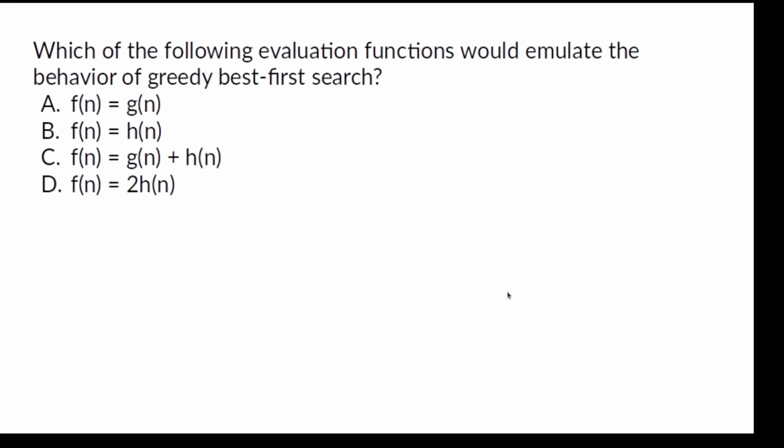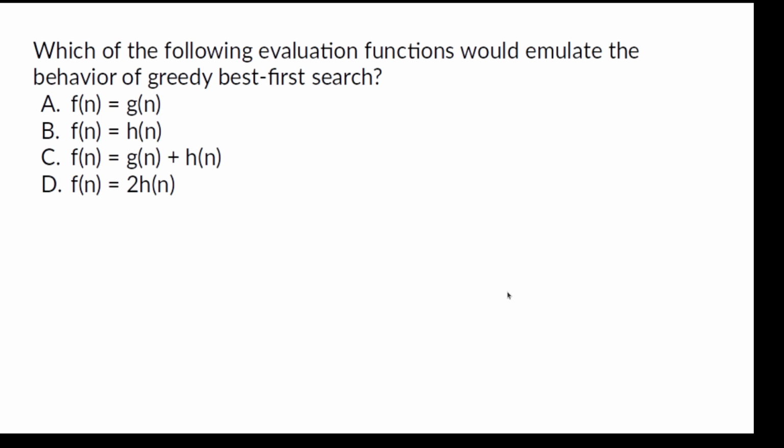Let's understand it. First option is saying f of n equals to g of n. What was greedy best first? It is saying I'll expand a node if the heuristic evaluation would be minimum for that node. So there is no talk about g of n, how it has reached the nth node.